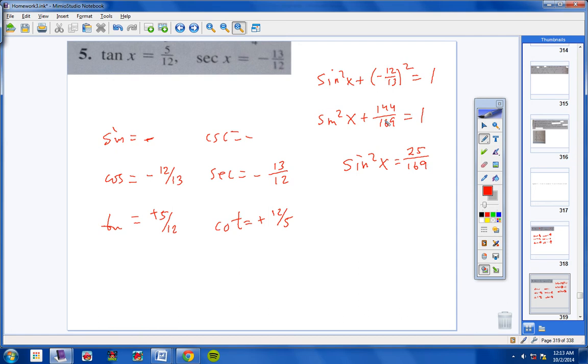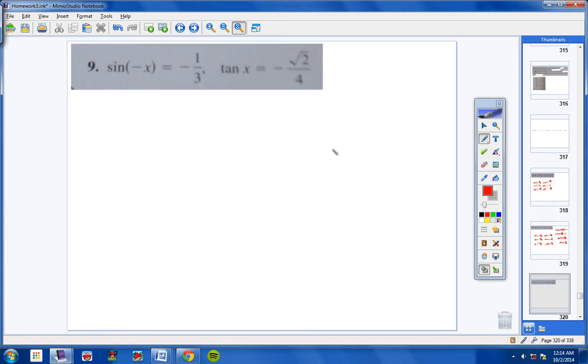Okay, 1 minus this fraction, you'll get this right here. And then take the square root of both sides. And so the square root of sine squared is sine, and the square root of 25 and 169 will be 5/13. So there we go. And we know it's negative. That's why we put our signs over here first. And so cosecant would be 13 over 5. Okay, moving on to number 9.